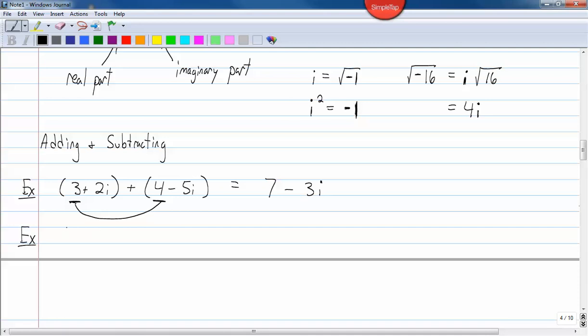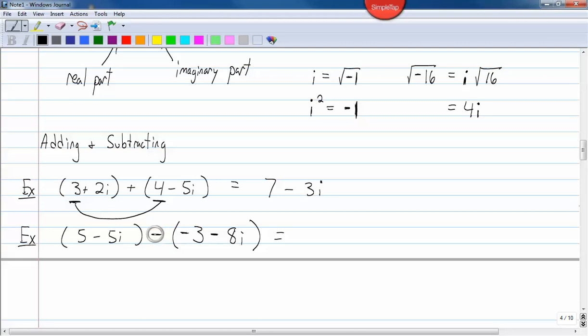Let's look at this one. What if I had 5 minus 5i minus negative 3 minus 8i? Now, we still need to treat negatives in front of parentheses like we do with equations.